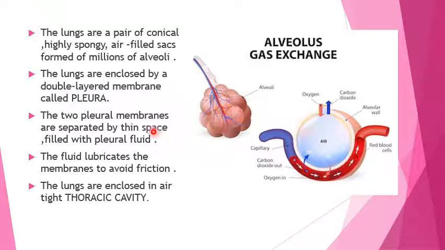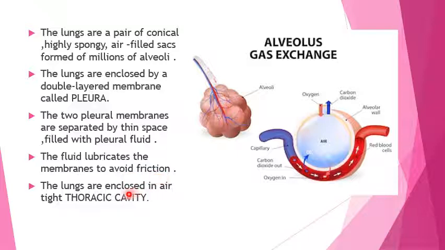The lungs are enclosed by a double layer membrane called the pleura, and the two pleural membranes are separated by a thin space filled with pleural fluid. And what is the function of that pleural fluid? It lubricates the membrane to avoid friction.